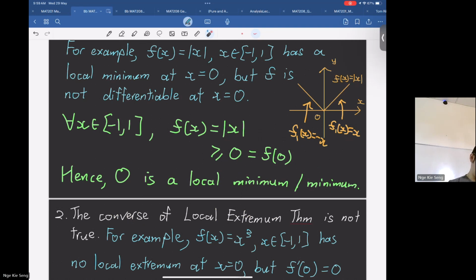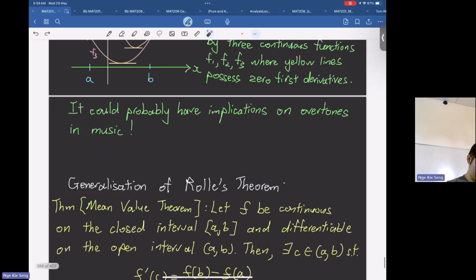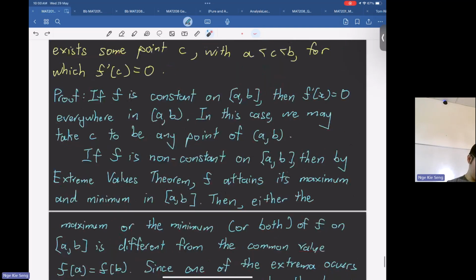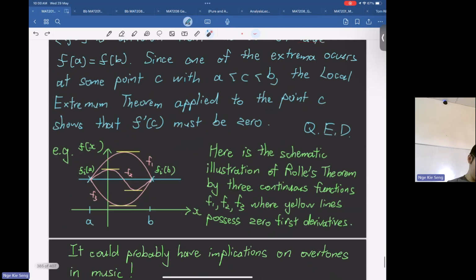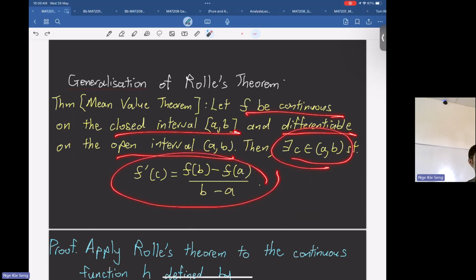You have a continuous function on a closed interval and differentiable on an open interval. Then what do you have? You have the mean value theorem. Both of them have endpoints at a and b, so there will exist a middle point c such that f prime c equals f(b) minus f(a) over b minus a.